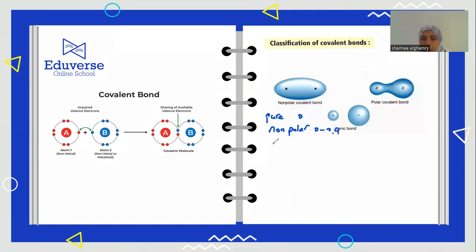In polar covalent bond, the difference in electronegativity is greater than 0.4 till 1.7. If the difference in electronegativity is greater than 1.7, we have an ionic bond.